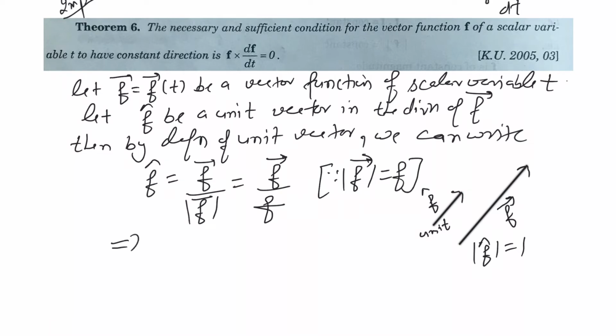This implies that, cross multiplying, f vector is equal to f f cap.